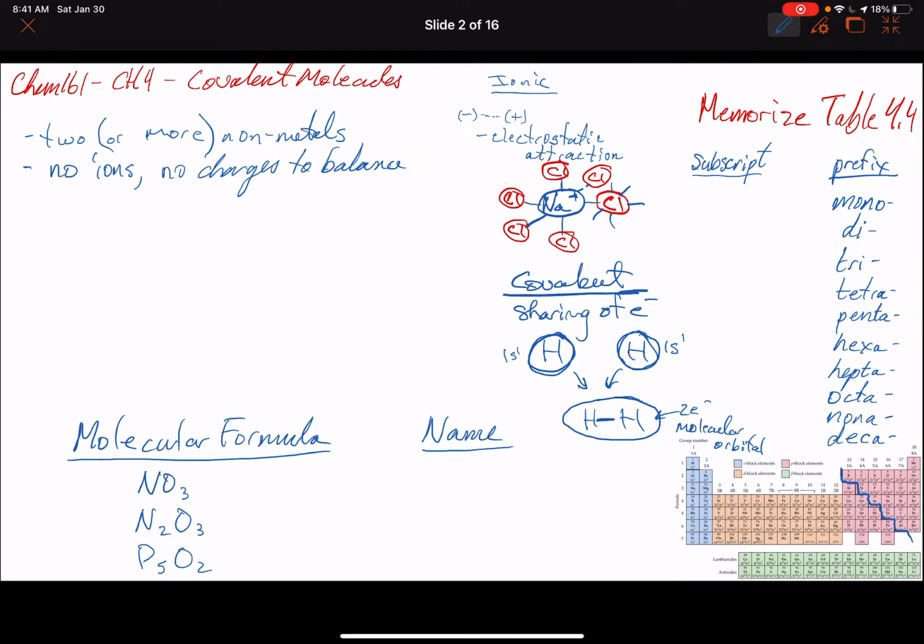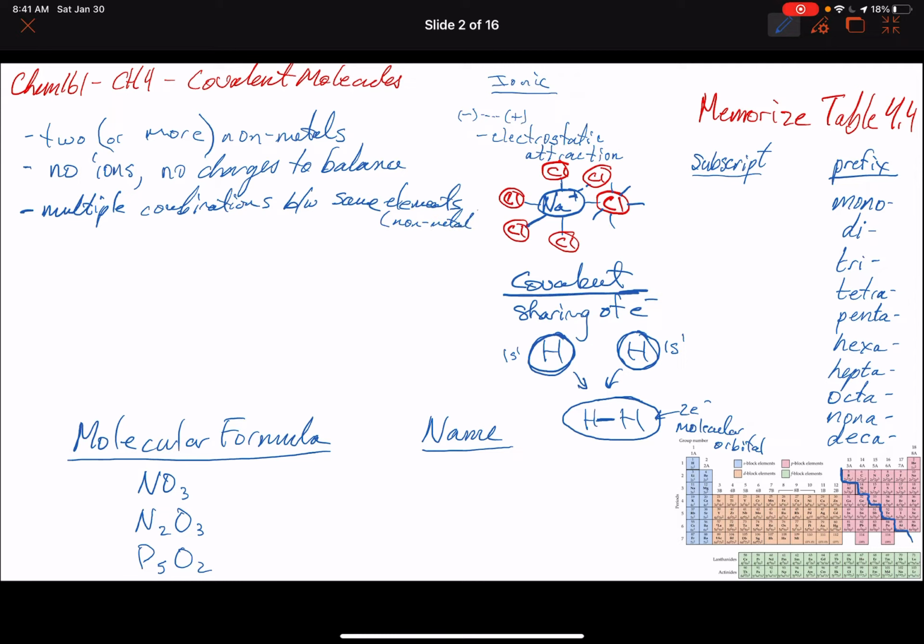So what we're going to see is multiple combinations between the same elements, these nonmetals.